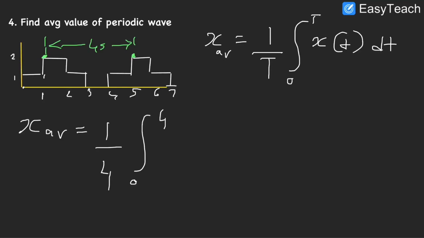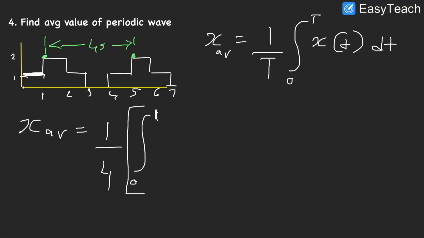Since I'm breaking it down, I'm going to break down the integral. It's way simpler to do it this way. From 0 to 1 second, we have the signal going here, right? Let's follow this.